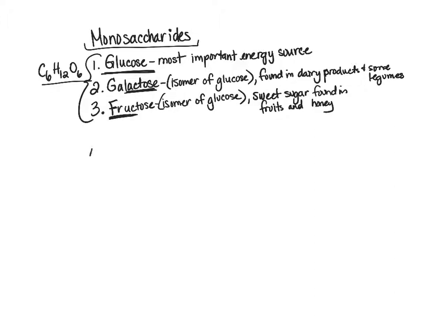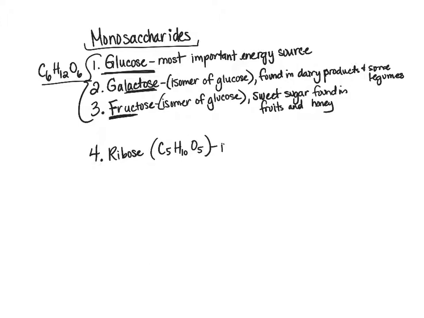However, there is a fourth monosaccharide that you need to know, and this is ribose. Ribose is not an isomer of glucose. Its molecular formula is C5H10O5. So it's the only monosaccharide that is not a C6H12O6, not an isomer of glucose.